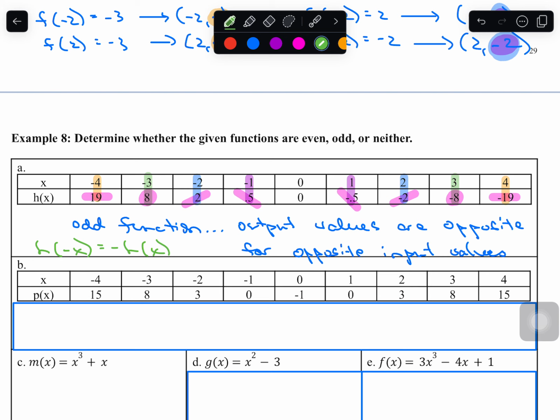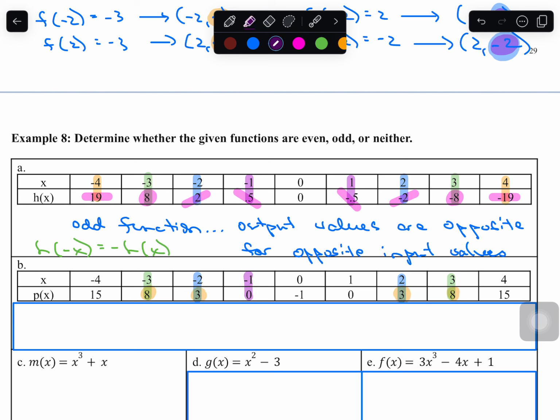Okay, so if we take a look here, again, I'm going to do the exact same process. I'm going to compare -3 to 3. Ooh, they're the same. You notice that 8 and 8 are the exact same. I'm going to compare -2 and 2. Those also are the exact same. Let's keep going.